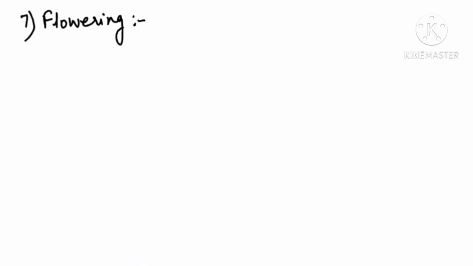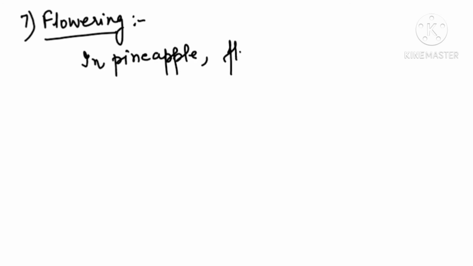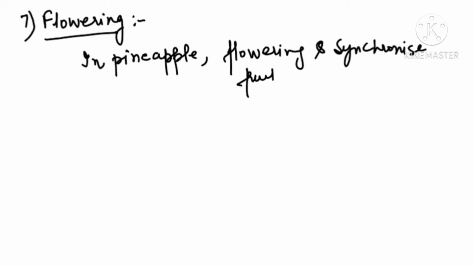Now for flowering, it is there in pineapple: flowering and synchronized fruit set is because of ethylene. It means immediately after flowering, fruit formation will go on. So this is with ethylene.